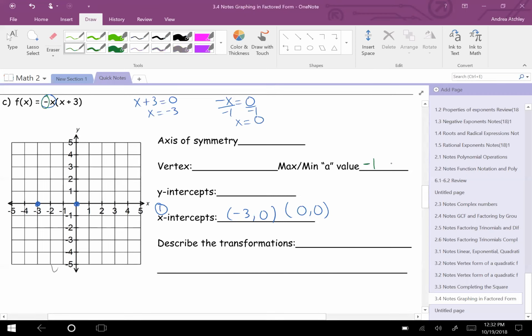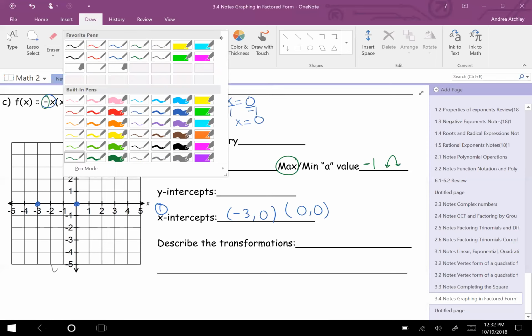It's -1. Since the a value is negative, that means my parabola reflects across the x-axis. It faces down. So does that make my vertex the max or the min? Maximum this time. It's the highest point on my graph.